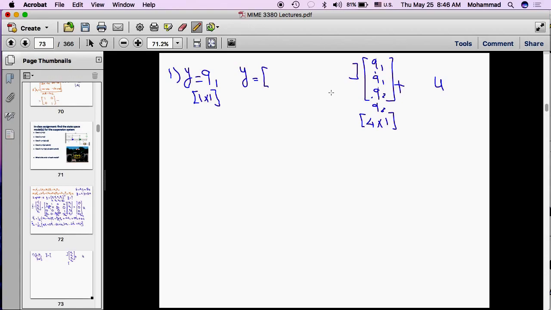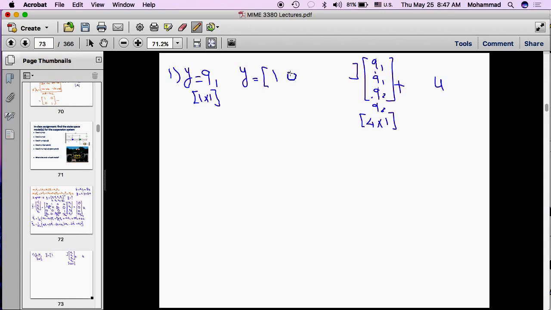So now that we have settled that, tell me what are the components of this row vector. What goes first gets multiplied by Q1. So what should that number be? This is 1. Then the next one gets multiplied by Q1 dot. What is that number?